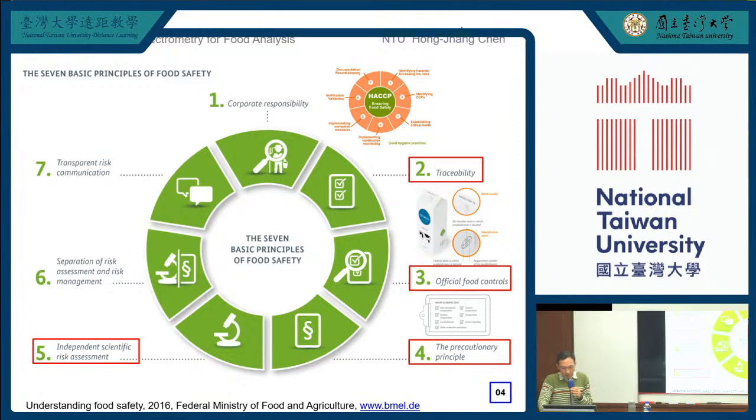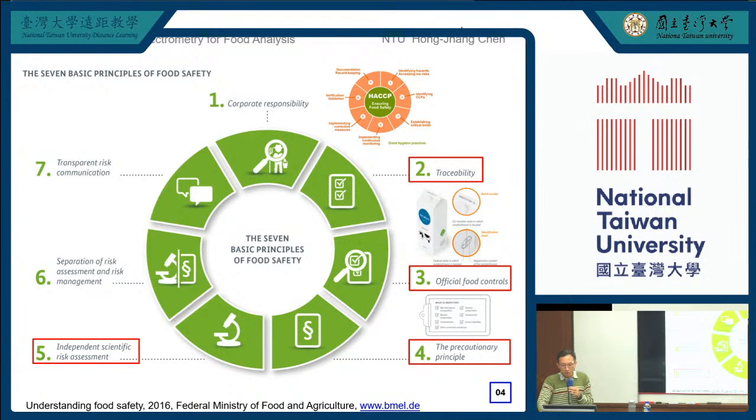So they have 7 principles, okay? Of course, the most important principle is cooperative responsibility, which means HACCP or FSSC 22000, okay? In these 7 principles, MS technology could give some information in traceability, official food control, the precautionary principle, and independent scientific risk assessment.